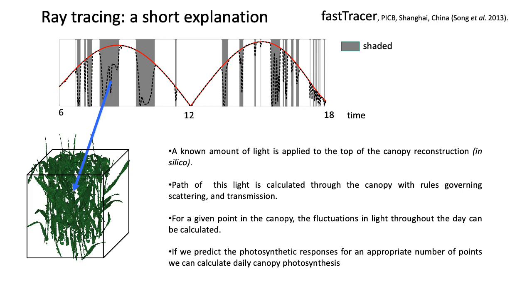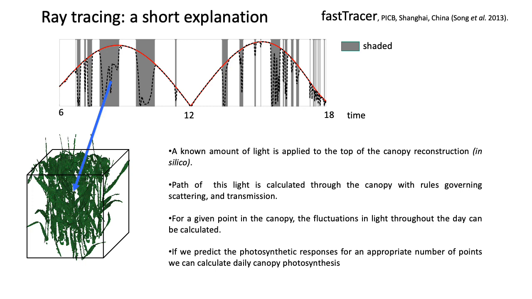Alexandra Burgess's talk will have described ray tracing, but just to recap here, in this method, and this uses the fast tracer produced by Jingguang Zhu and Xingfeng Song in their paper from 2013, and the tool they produced. So a known amount of light is applied to the top of the canopy reconstruction, and the path of this light is calculated through the canopy using rules governing scattering and transmission. For a given point in the canopy, fluctuations in light can then be calculated.